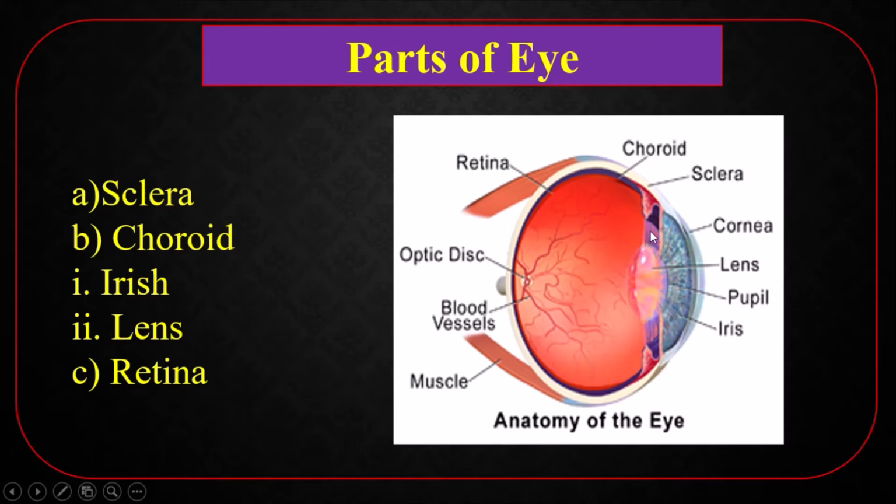This part is iris, and the middle part of the iris, the aperture, is called pupil. This is the lens, and the lens divides the eyeball into two chambers, frontal chamber and back chamber. Retina is the innermost layer of the eyeball, which is light sensitive. That means this inner layer is called retina.